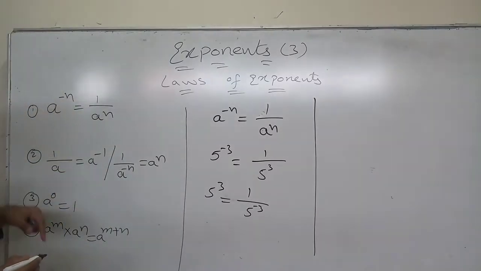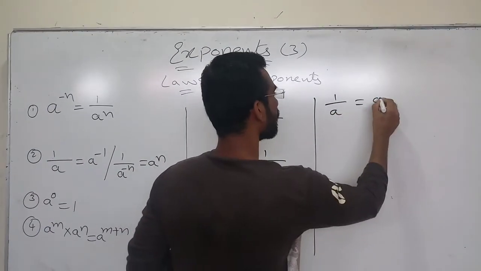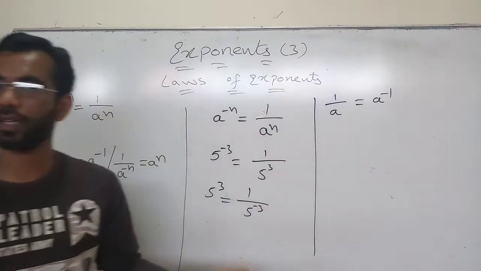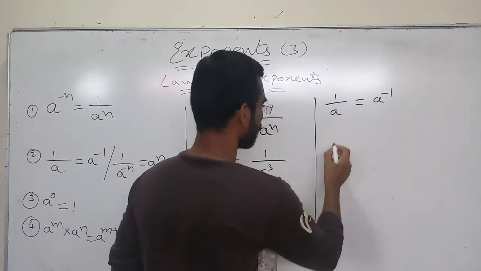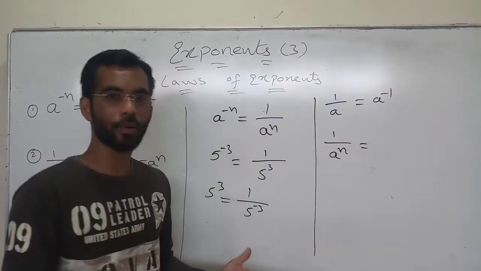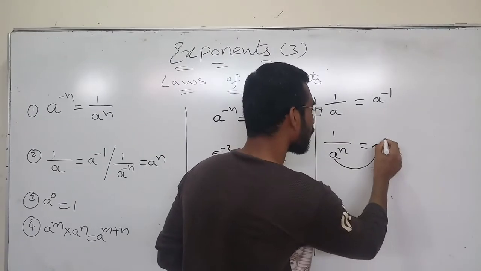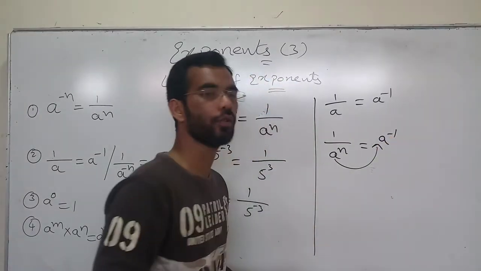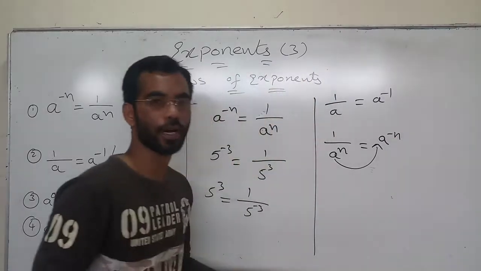Now the second one: 1 by a is equal to a power of minus 1. If 1 by a power of n is given, you should take it to the numerator, and it becomes a power of minus n.